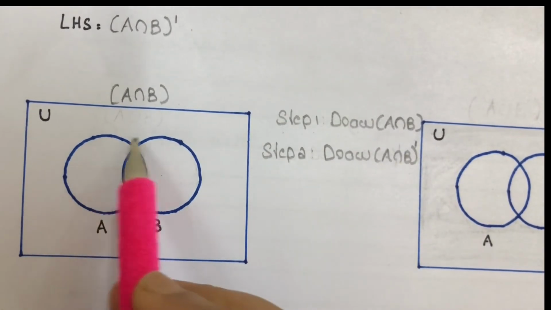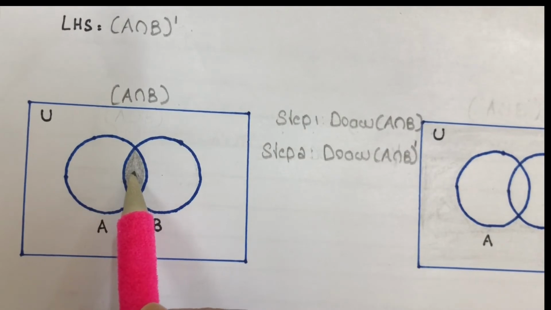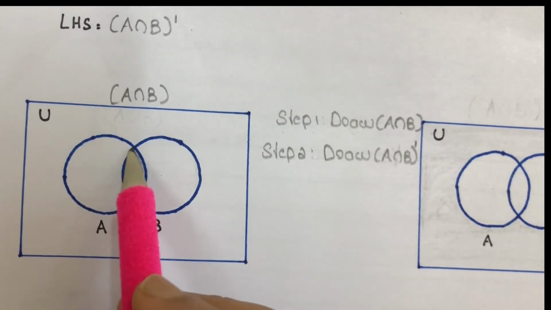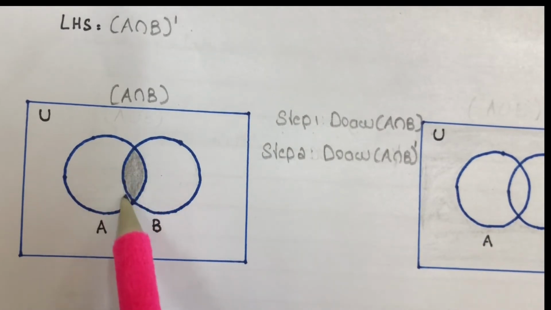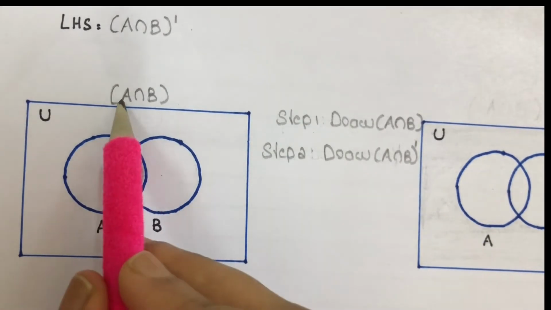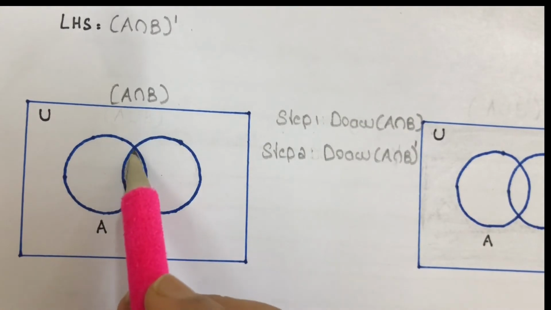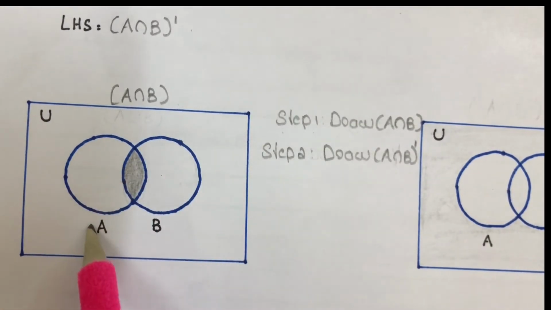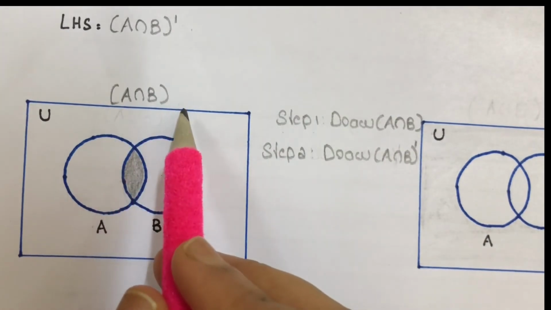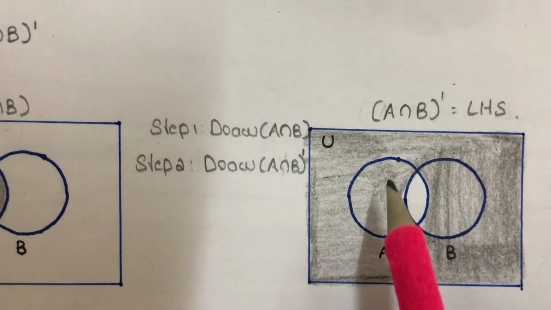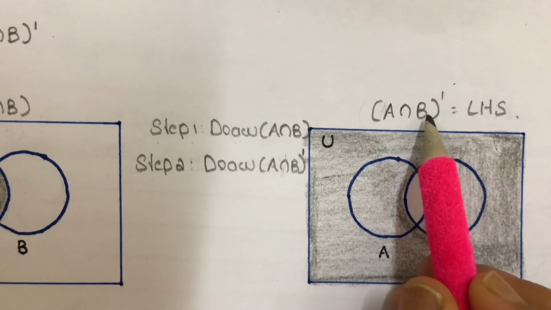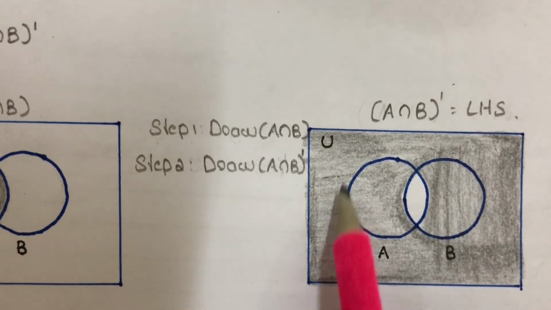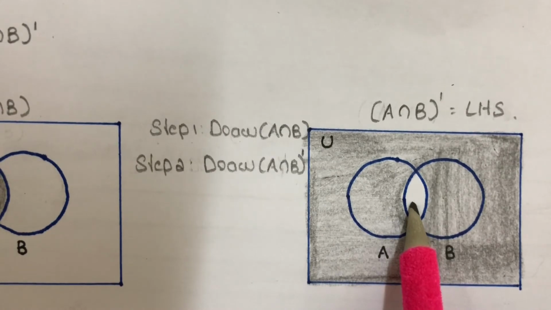Complement of A intersection B includes the area of the universal set other than this area, that is other than A intersection B. So other than this area, all this area is A intersection B whole complement.